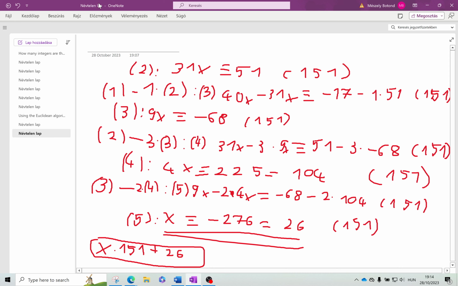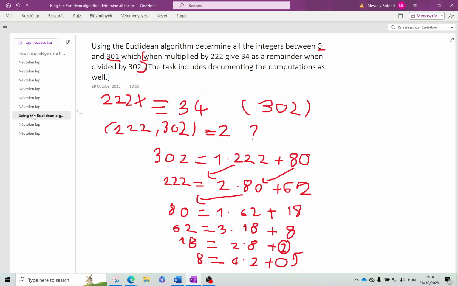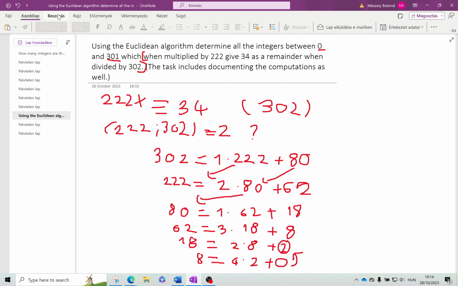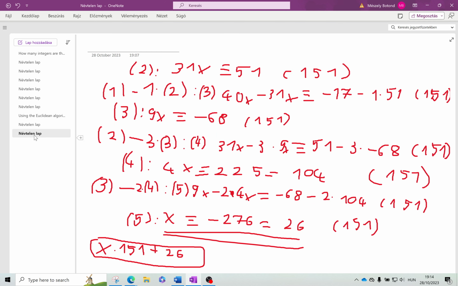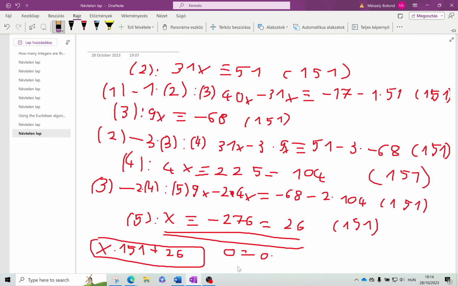And the other question was between 0 and 301. To calculate which numbers between 0 and 301 fit this, we put first 0 to the x.